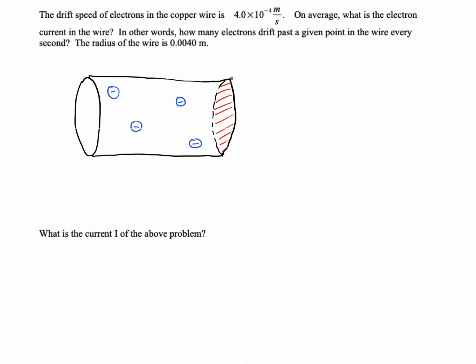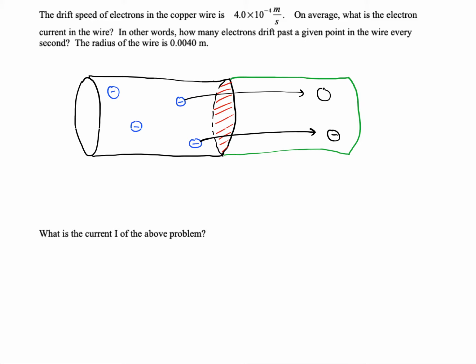Now what I'll draw is another piece of this same wire. And what's going to happen is all the free electrons in the left half of the wire are going to drift over time to new locations.